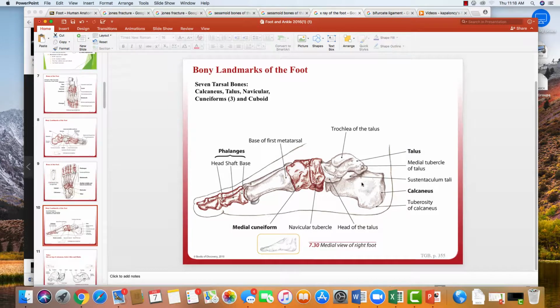Sustentaculum tali. And this is significant, not just because it articulates with the middle area of the talus, but we have, remember those 3 tendons that come down and wrap around that medial malleolus. So you can imagine the medial malleolus would be right in here of the tibia.